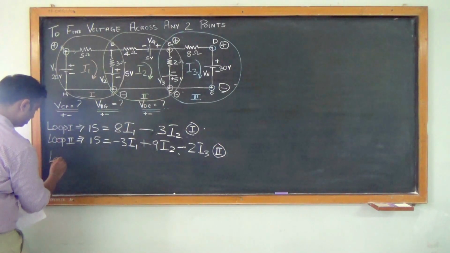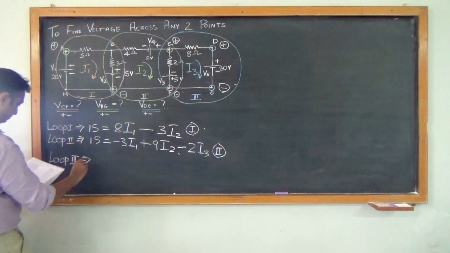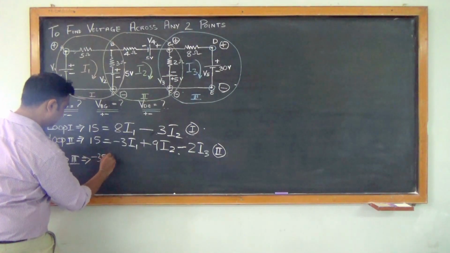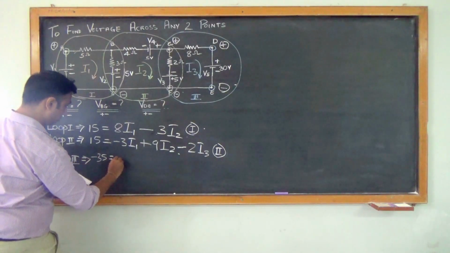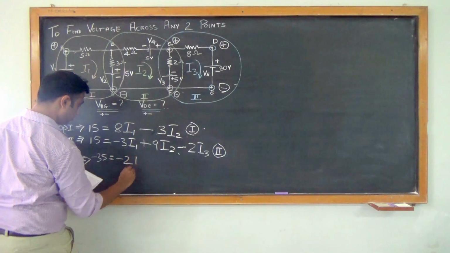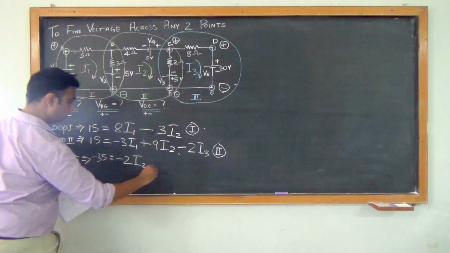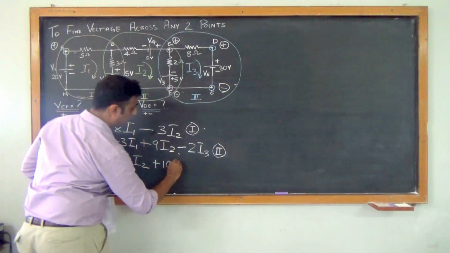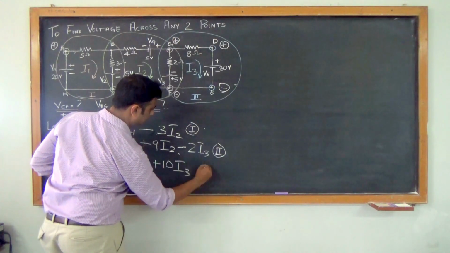And the loop 3, which is minus 35 equals to minus 2 I2 plus 10 I3, which is my equation.